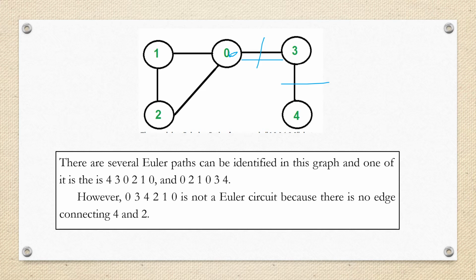Kaya lang, wala namang edge na nagko-connect 4 to 2. So, ibig sabihin, this cannot be a path. Therefore, it cannot be an Euler path as well. Kasi wala ngang connection ang 4 sa 2.